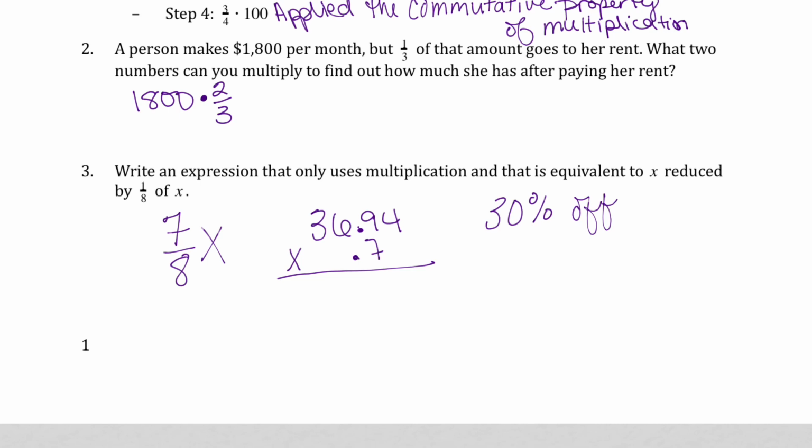So if you walk into a store and they have 25% off, what do you multiply by the cost to find the price? What's 25 plus 85? It's more than 100%. So 75%. That's what you're paying as the total cost.